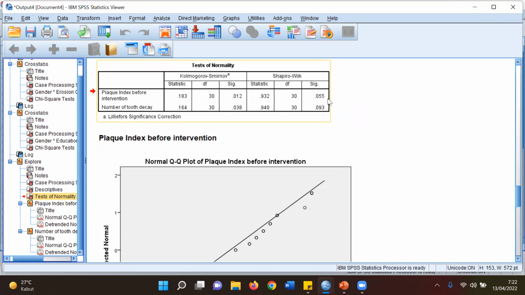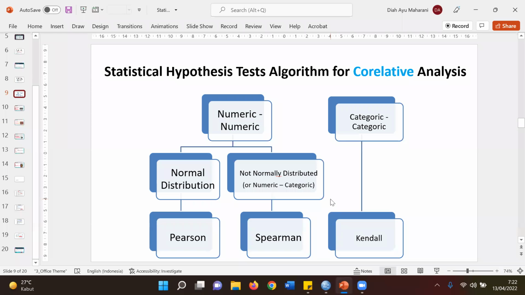As well as the number of tooth decay, it is above 0.05, meaning that the distribution of the number of tooth decay is normal. Therefore, if we look again at the algorithm for normal distribution, both variables are normally distributed. We're going to use the Pearson correlation test.